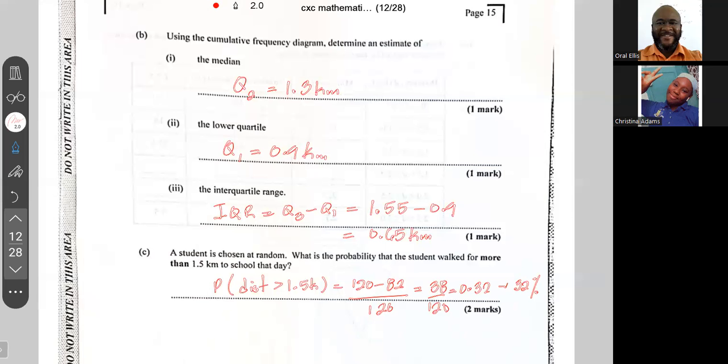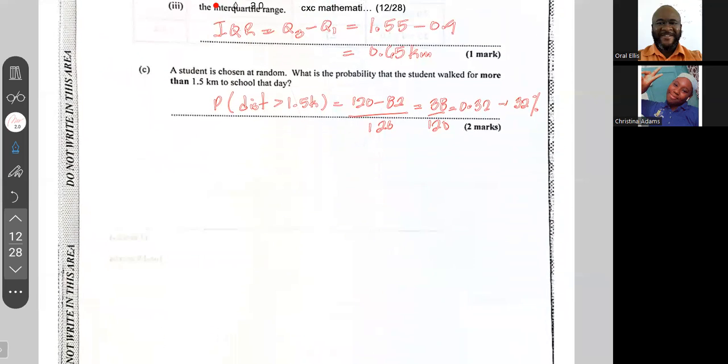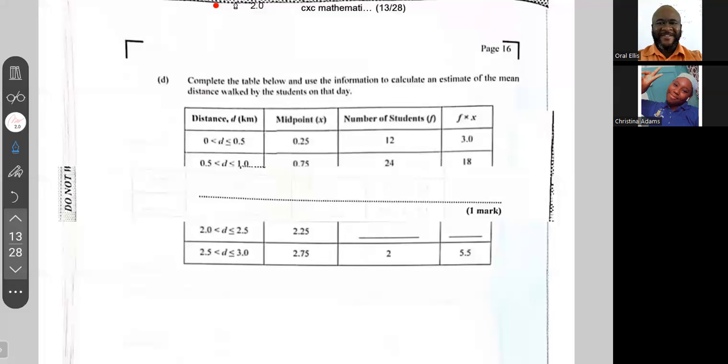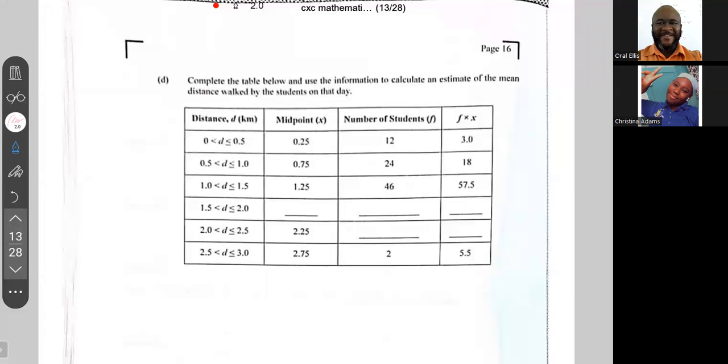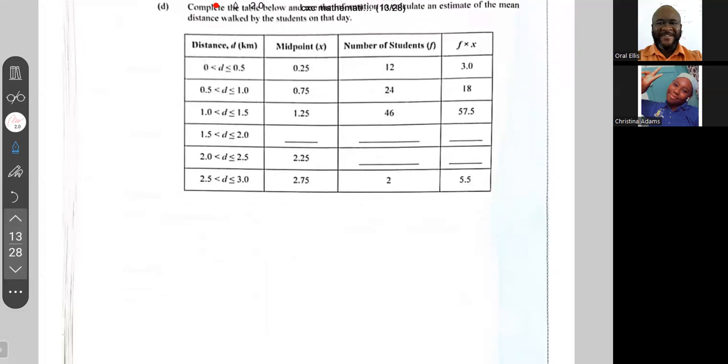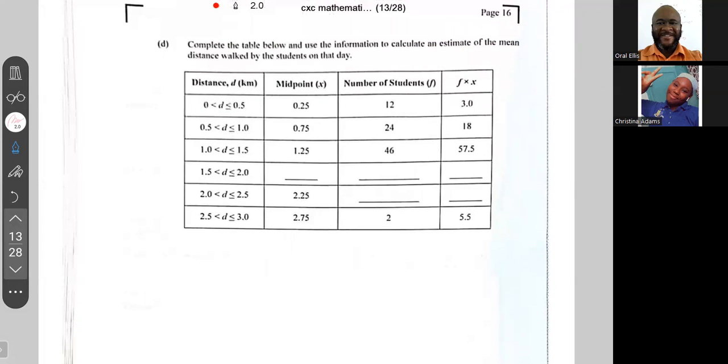Let's turn the page. So where else is this going? All right. So the examiner is really milking this question. It says complete the table below, and use the information to calculate an estimate of the mean distance walked by the students on that day.